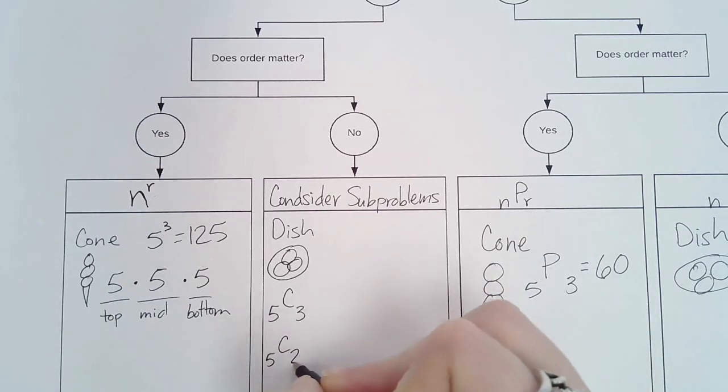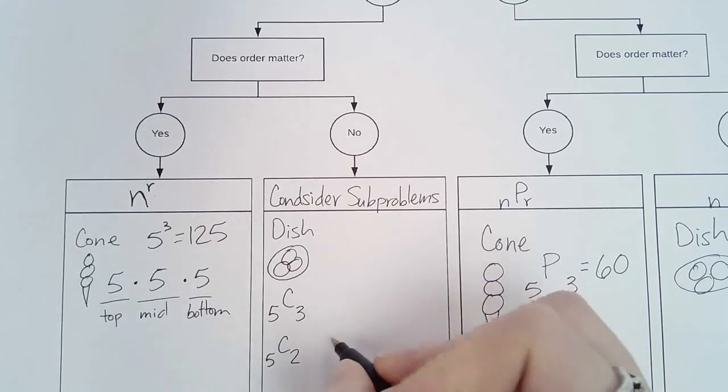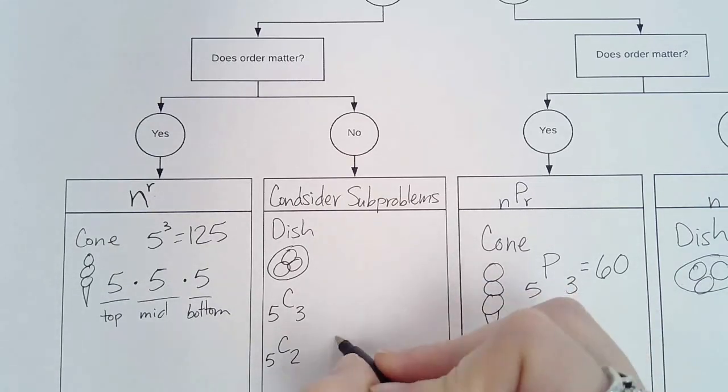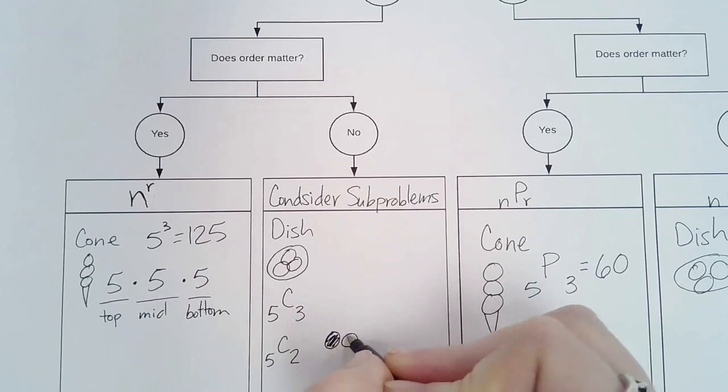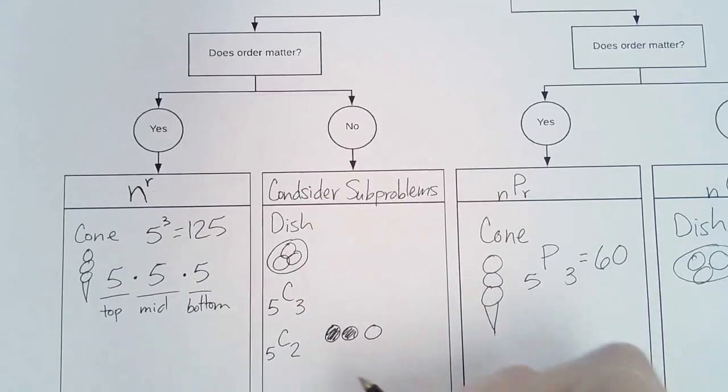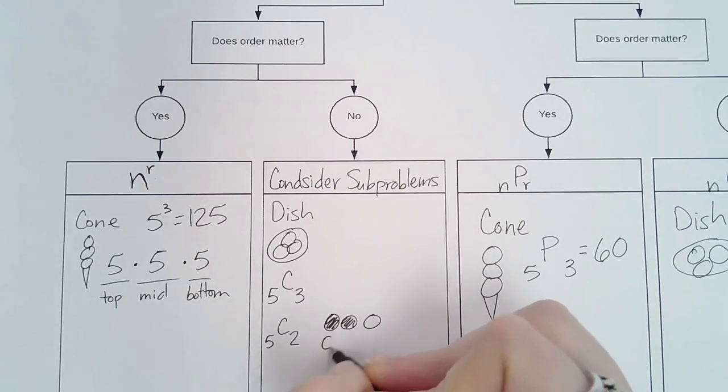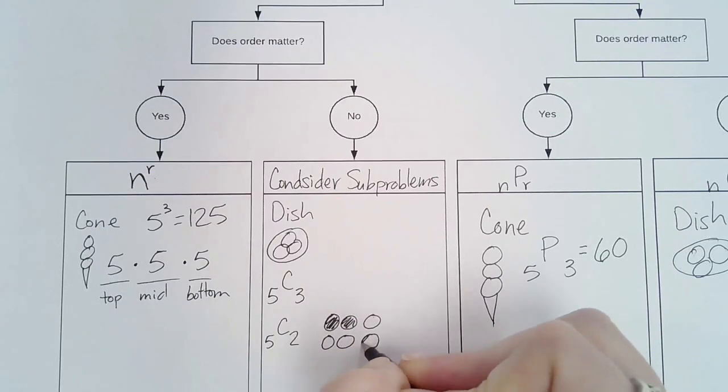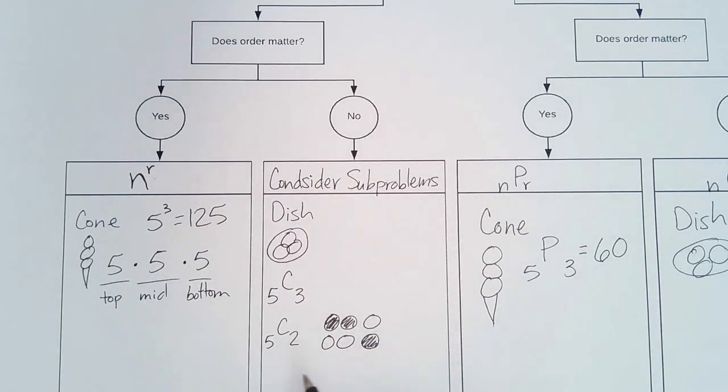Instead of choosing 3 different flavors, we could choose 2 different flavors. But when we choose 2 different flavors, we could do it in different ways. Pretend we're using chocolate and vanilla. We could do 2 chocolate and 1 vanilla, or we could do 2 vanilla and 1 chocolate. It's still only choosing 2 flavors, but there's 2 ways within that choice to figure out 2 flavors.